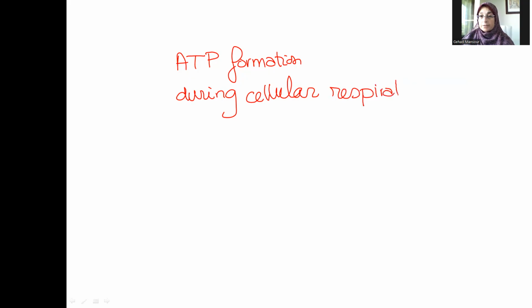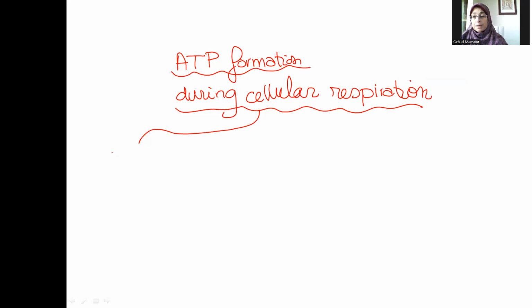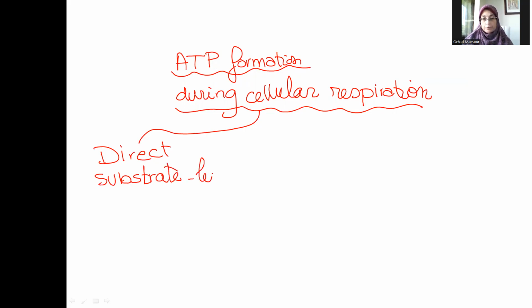We have direct substrate phosphorylation and oxidative phosphorylation. Or actually, let's first say that ATP formation during cellular respiration can be divided into direct substrate phosphorylation, which is an enzymatic direct substrate level. It has several adjectives before saying phosphorylation. So you have direct, substrate level, enzymatic, because it requires enzymes, phosphorylation.